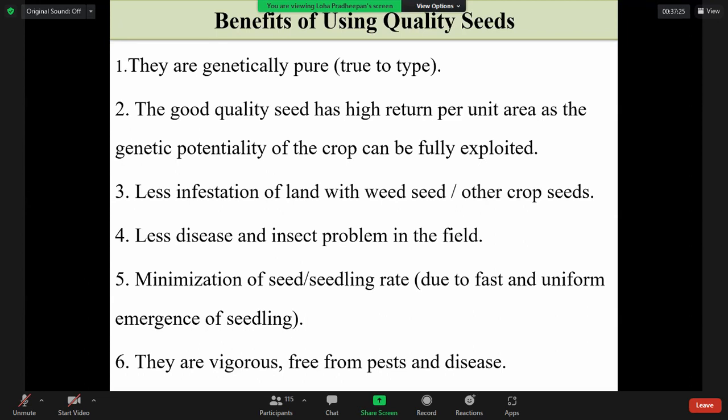And good quality seeds, if we put, the germination ability is more, so we can get the uniform establishment, and even the seed rate needed for the establishment is less. Then it is free from pest and disease, and we can obtain good yield.